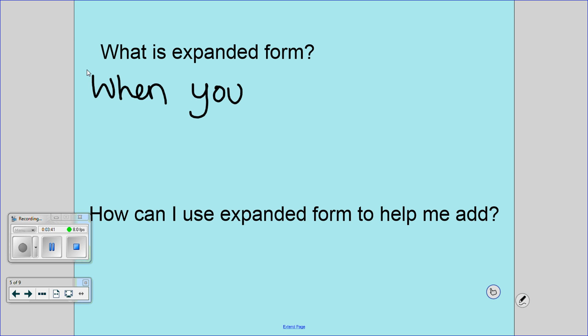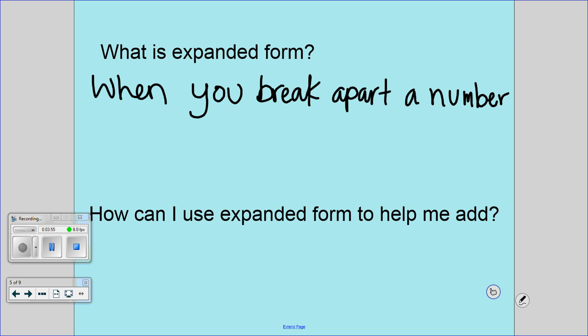Put expanded form, and that is when you break apart a number into its place value categories.